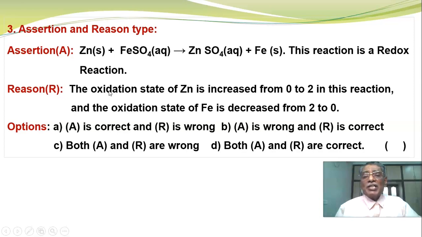The oxidation state of Zn is increased from 0 to 2 in this reaction, and the oxidation state of Fe is decreased from 2 to 0. Options. Option A, A is correct and R is wrong. Option B, A is wrong and R is correct. Option C, both A and R are wrong. Option D, both A and R are correct.